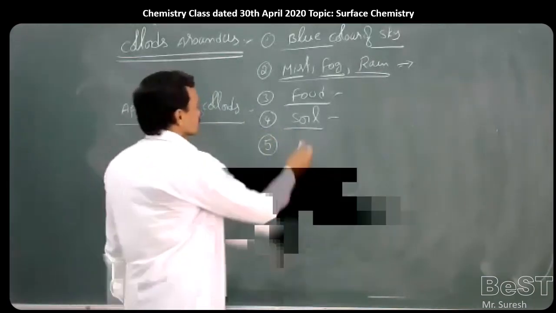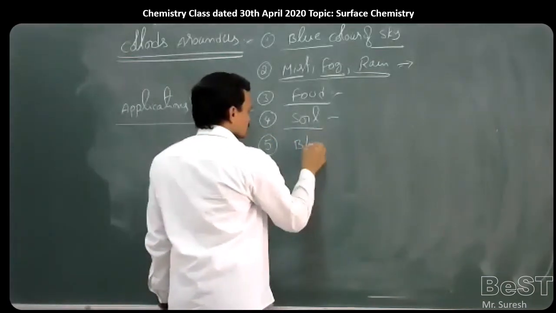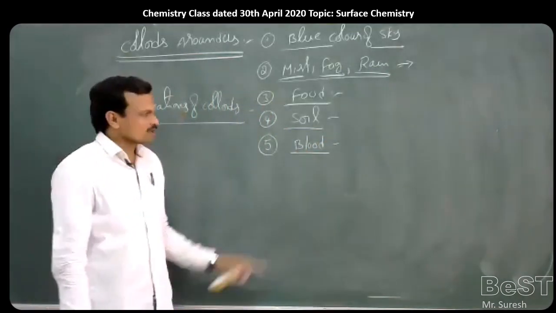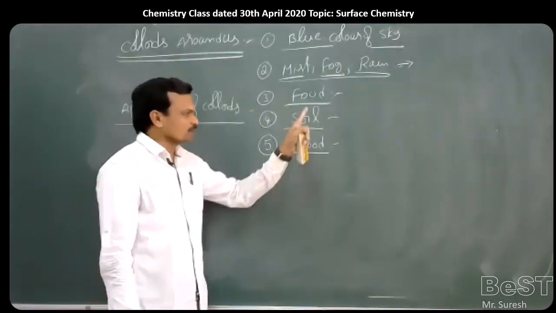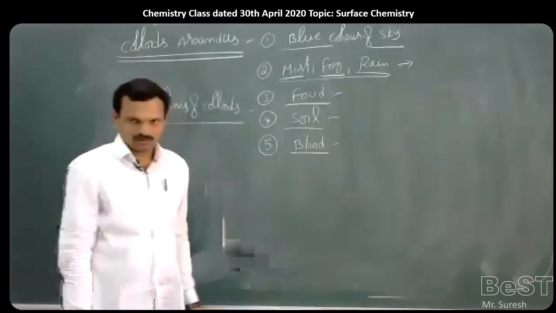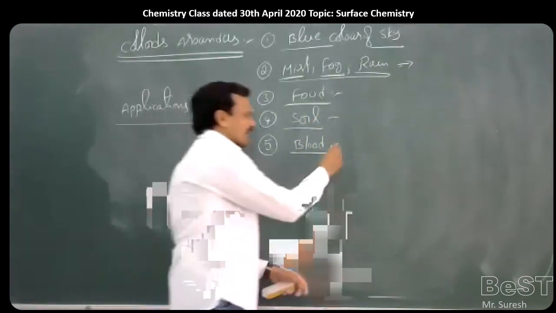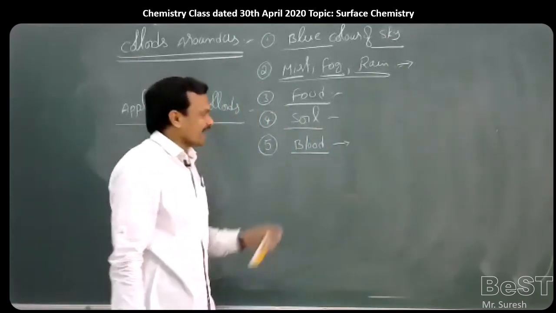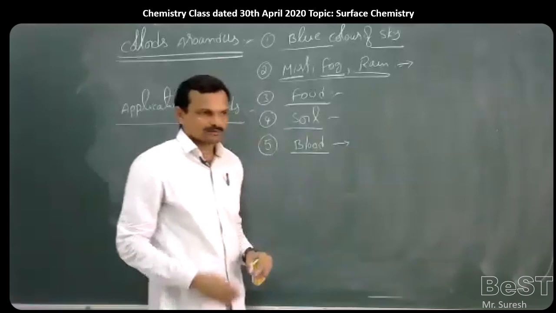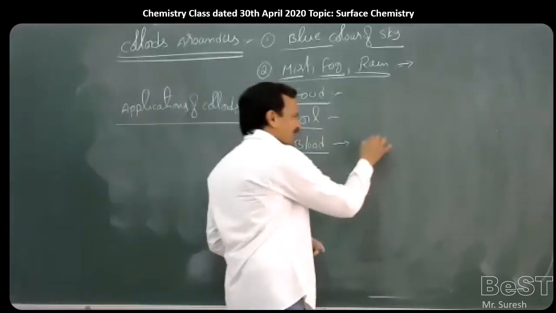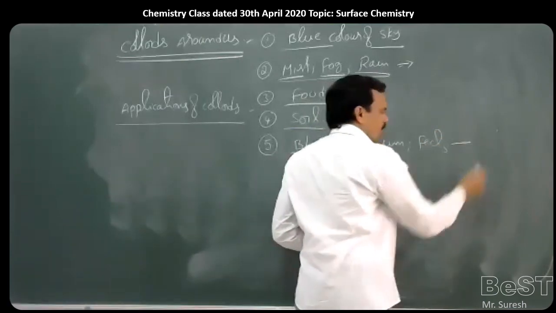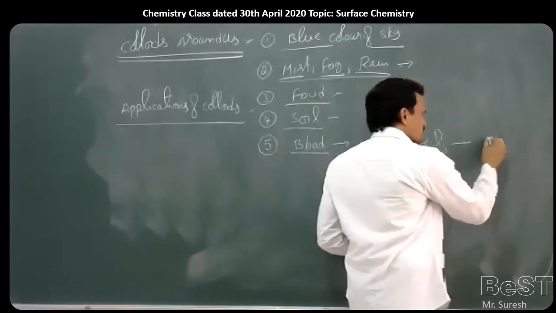Next, blood. Blood is a colloidal solution in which albumin is dispersed in water. Take the styptic action of blood: when a cut takes place on the body, if we add some alum powder or ferric chloride, alum or FeCl3 causes coagulation of blood.